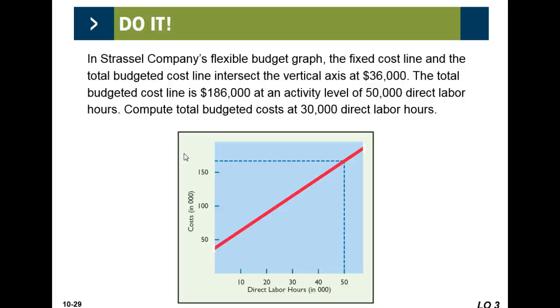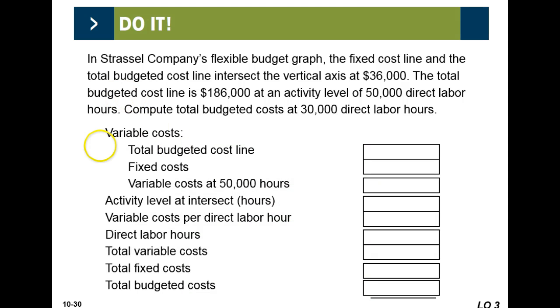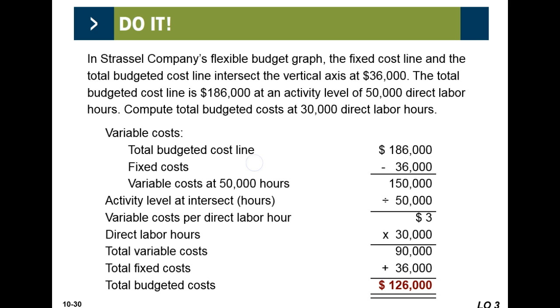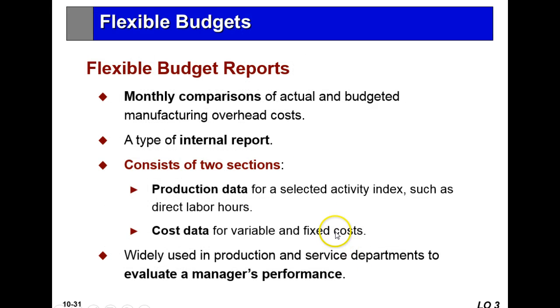What are we going to do? So, our budgeted cost line, 186, we've got our fixed cost and our variable cost. Where they intersect, we're going to show our variable cost times our fixed cost to come up with our new budgeted cost with this activity of $126,000.